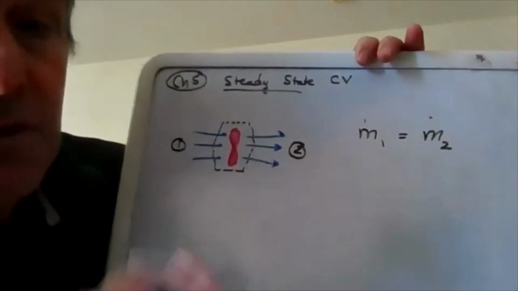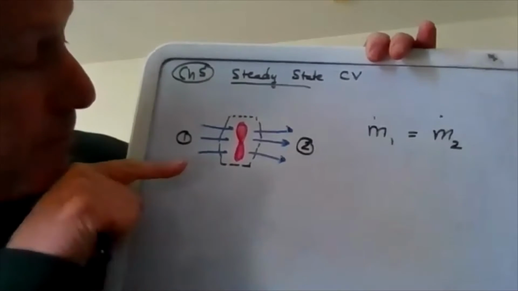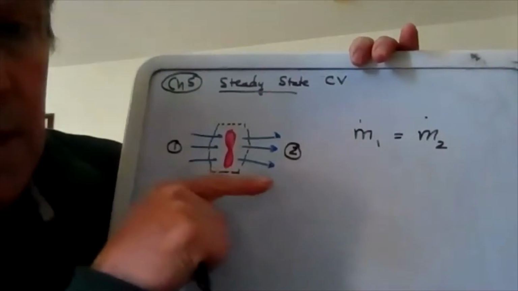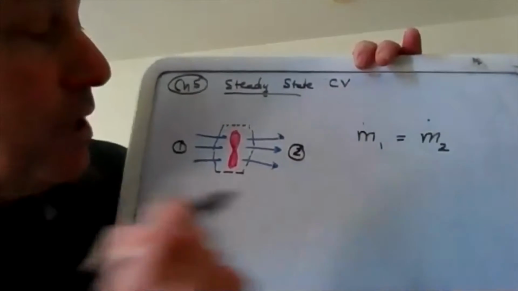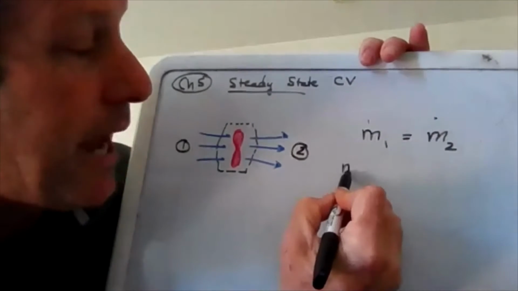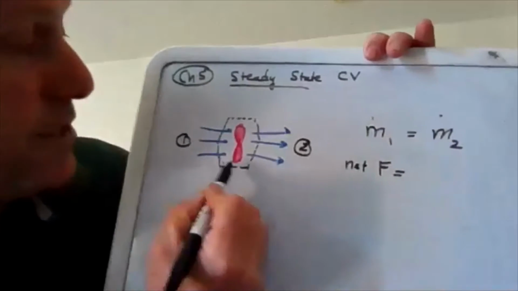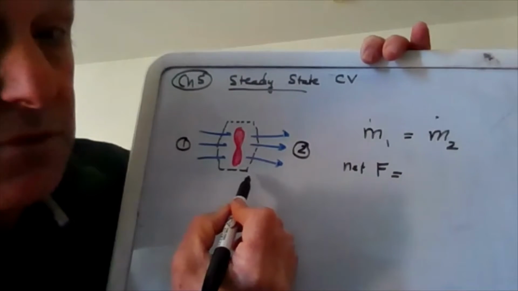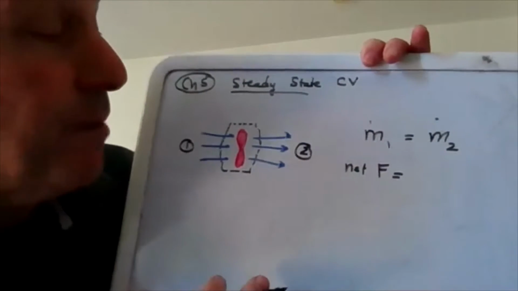Okay, after that, we went over linear momentum, and we compared linear momentum flow in and linear momentum flow out. They were not necessarily equal. And so basically one idea we had is the net force on the fluid as it goes through whatever device we have is equal to the change in the linear momentum flow.